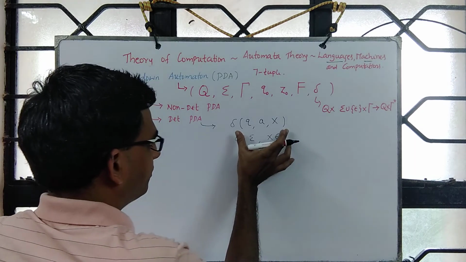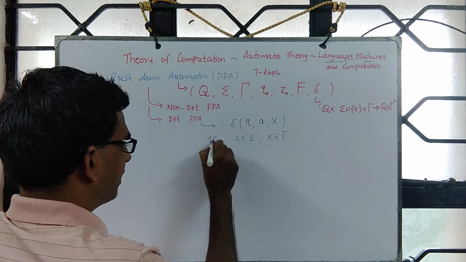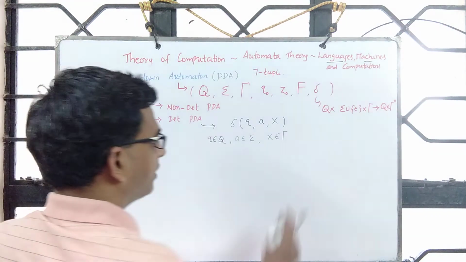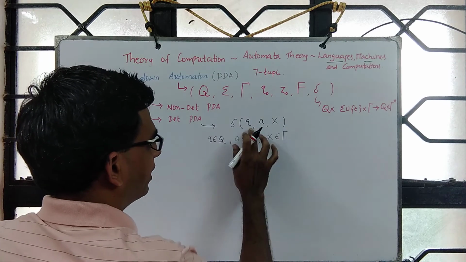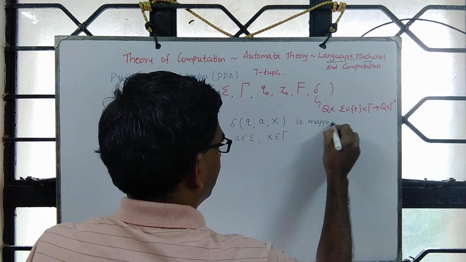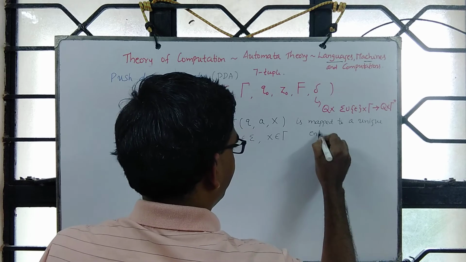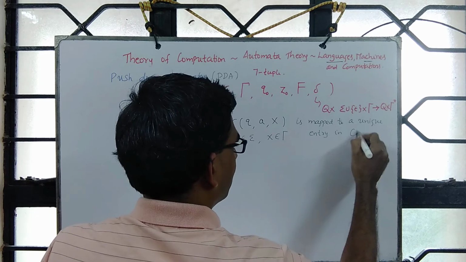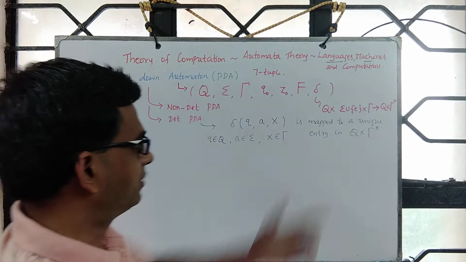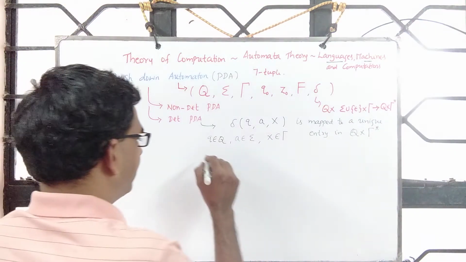For any state Q, for any symbol A and for any stack symbol from gamma, this mapping is unique. Delta of Q comma A comma X is mapped to a unique entry in Q cross gamma star. Correct? Because this one is mapped to this. This is one.